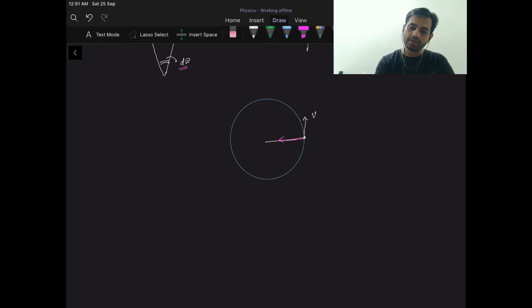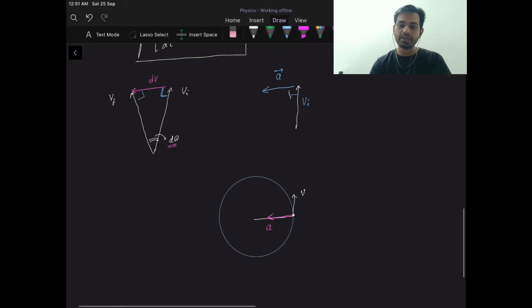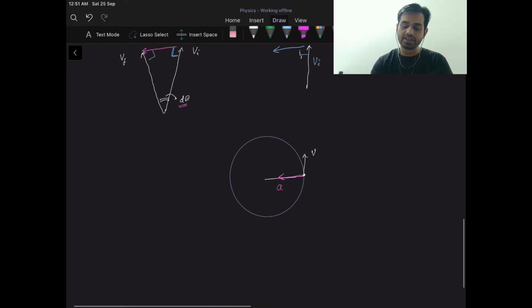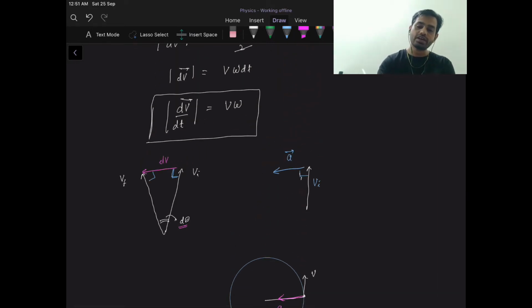Understood? So this acceleration is towards the center. That's why this acceleration is called centripetal acceleration, or sometimes it is also called radial acceleration.